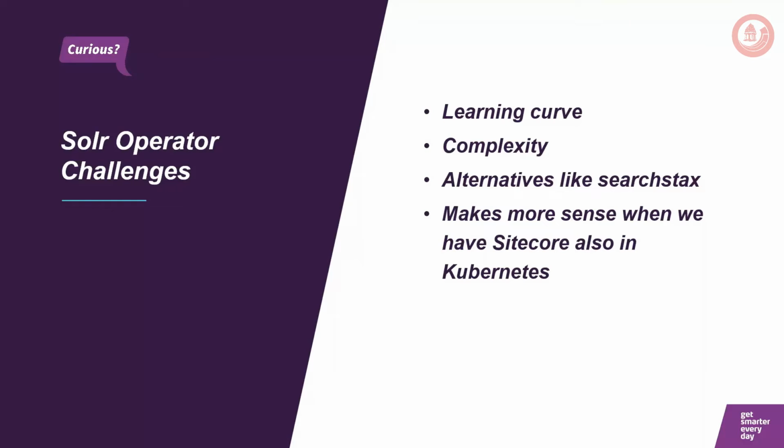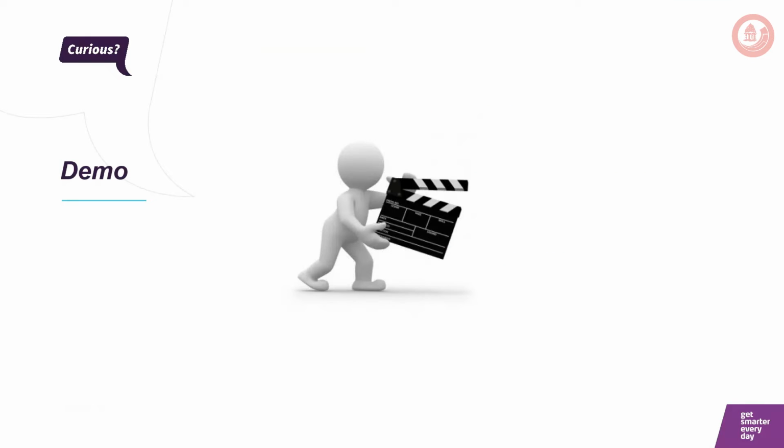Then it's easier. But if you have a PaaS or an IaaS architecture for Sitecore, then having just Solr operator for the search might not make sense. Yep, and these are the challenges. Then we shift to the demo.